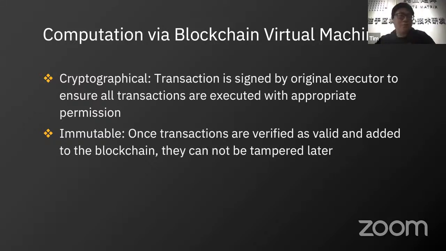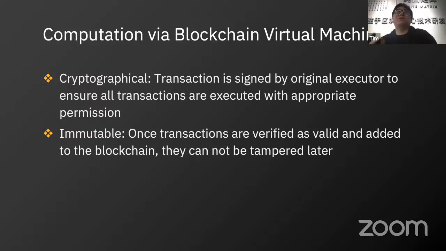For example, like the Alice and Bob example we always talk about, Bob can send digital assets to Alice's account, and Bob will sign this with his own private key. All the nodes on the blockchain can validate via the public key, but they cannot modify the content, and only Bob can send the digital assets from his own account, right?